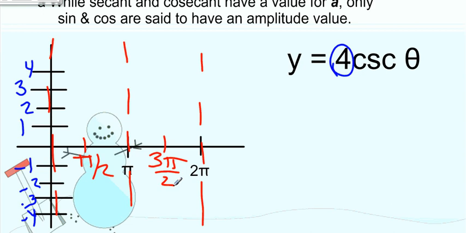And our vertex was on that pi over 2, and that'll be a u that goes upwards. Now, if there had been a negative in front of the 4, we would just flip this over the x-axis, and it would be at -4, going downwards. At 3 pi over 2 was the next place that we had a vertex, and that was normally on -1. And if I just shift it down to -4, my graph will go downwards.